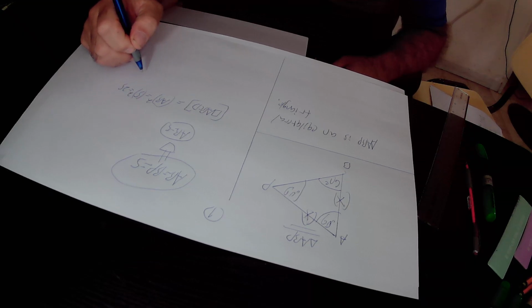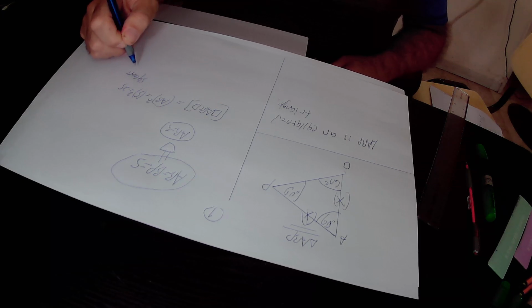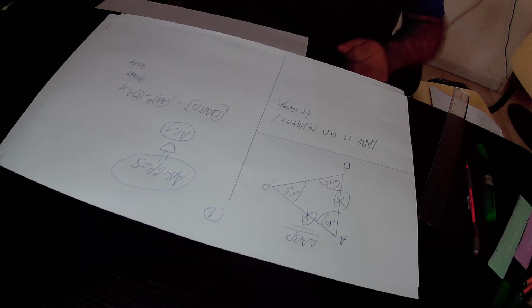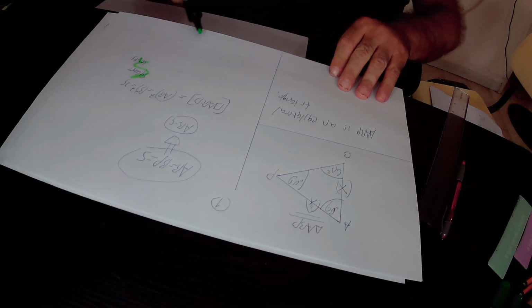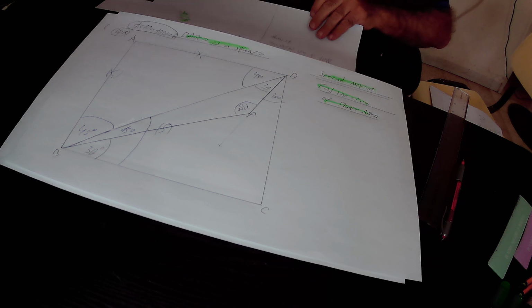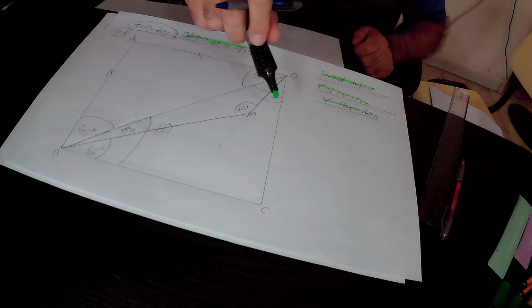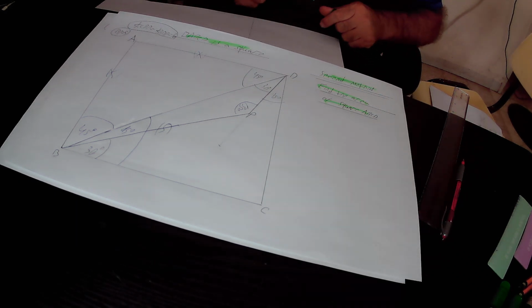So in total, we found that the area of square ABCD is equal to 25 square units. In the next step, I'll present how to find the area of the square ABCD according to a third method.